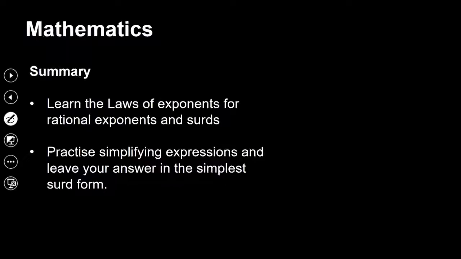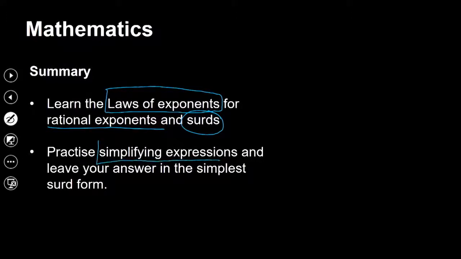Now, just to summarize everything that we've looked at, guys, is remember your laws of exponents. You really need to make sure you master them, especially for rational exponents and also for your sets, because I promise you, sets can really be a problem at times if you don't really pay close attention to them. And then also always practice simplifying expressions and leaving your answers in simplest set form. So I showed you one example of a simplest set form.